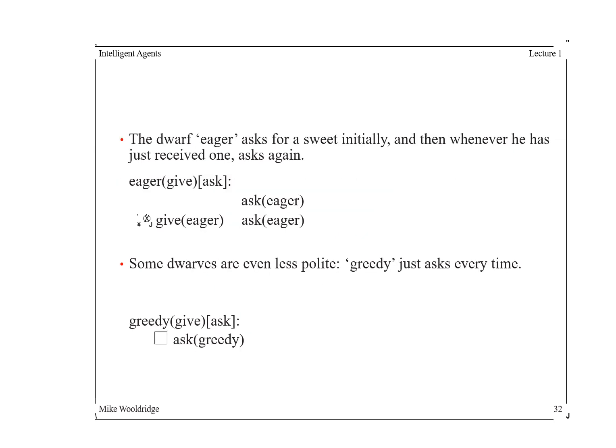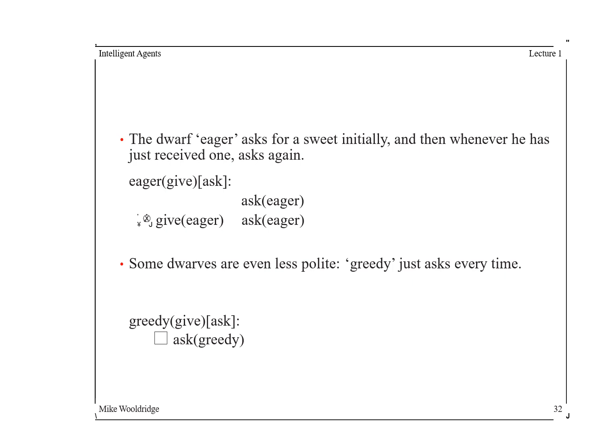If I have another dwarf which is eager, and it asks for a sweet initially, and then whenever he receives it, it will ask again. So in this case we have eager as the agent, which is going to have two sets of predicates. One is the environment, which is give, and ask is the other predicate. If I need to write the logical statements for this, it will be written as this.